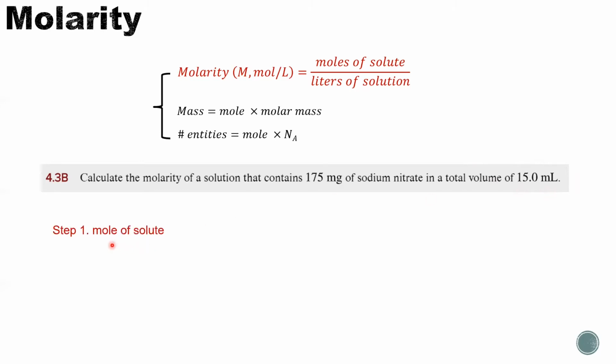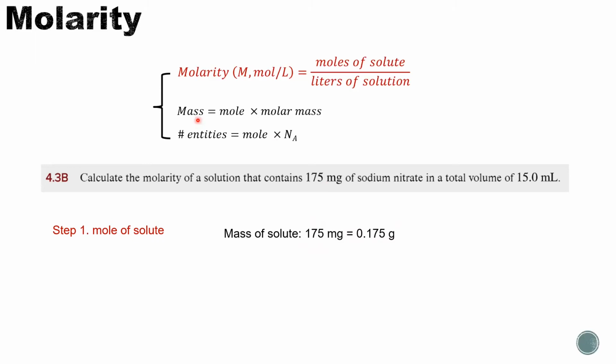First, get the moles of solute. The mass of solute is 175 milligrams. But when we use the moles and molar mass, we usually need the unit of mass to be in grams. So we convert 175 milligrams to 0.175 grams. You can also use the box method to do that, but in order to save space, I did not use that method here.